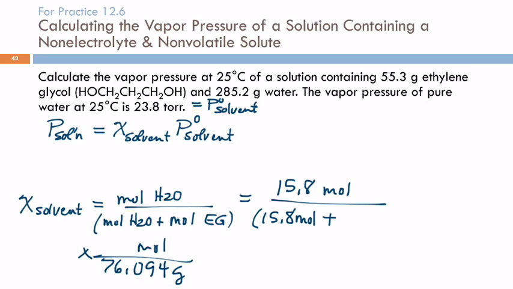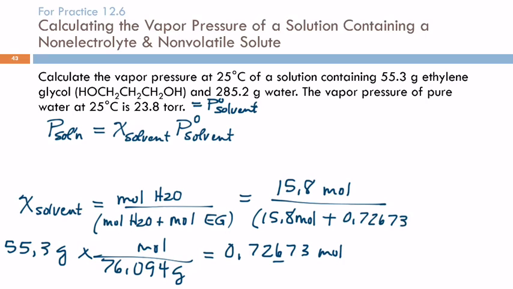And we're starting with 55.3 grams. So 55.3 divided by 76.094 is 0.72673 moles.